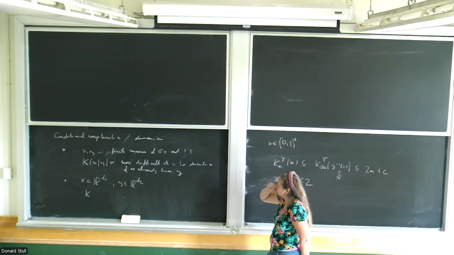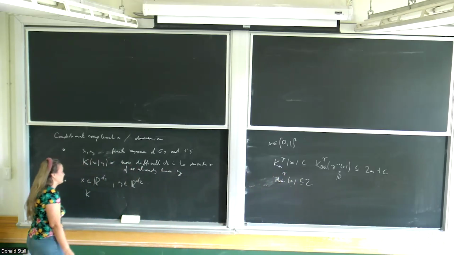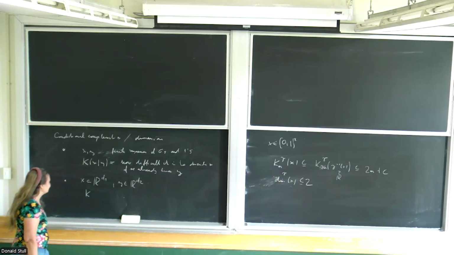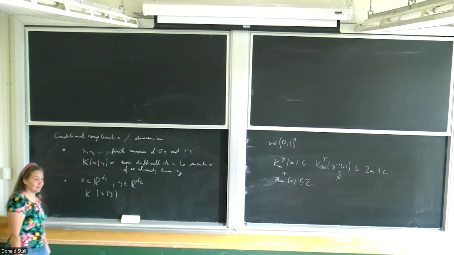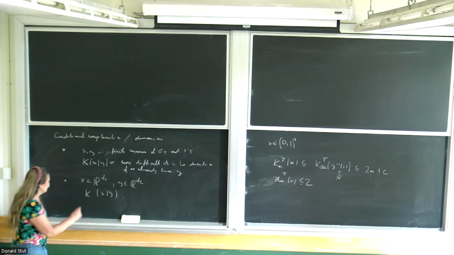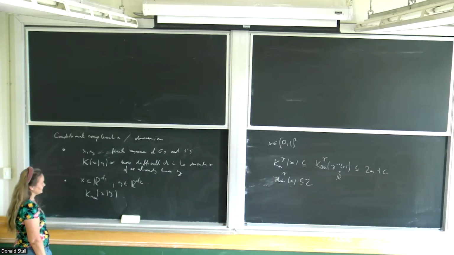Okay, so when I have two infinite sequences x and y, or two points in R^d1 and R^d2, I can still look at the conditional expectation, but now I have to say with what precision. So let me put here an n and an m. And then this is what you would expect.